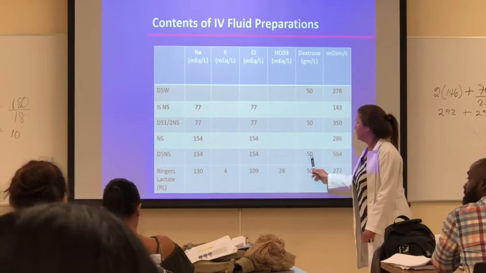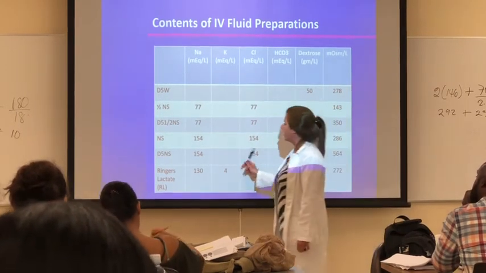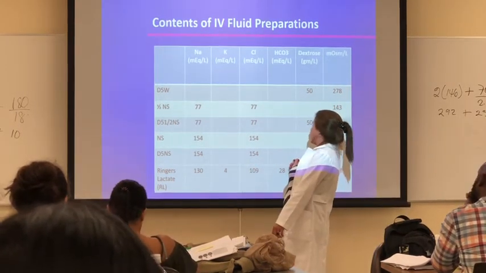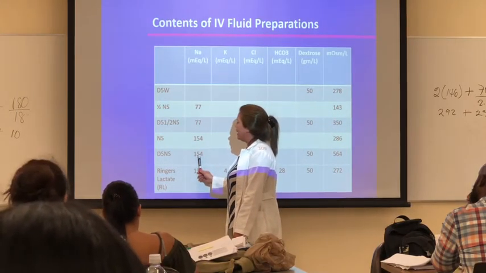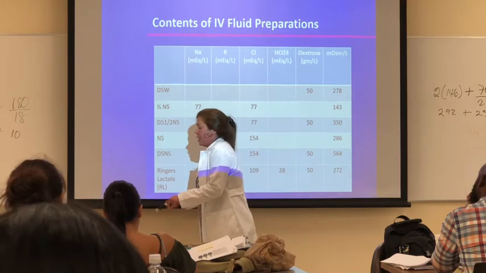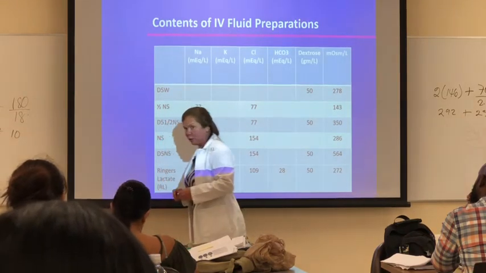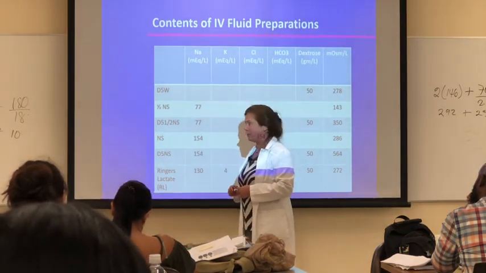And only 50 milliequivalents. So just because of having a hypertonic substance right here and the same milliequivalents of normal saline, it enters as hypertonic but then converts once it's inside the cell, okay?